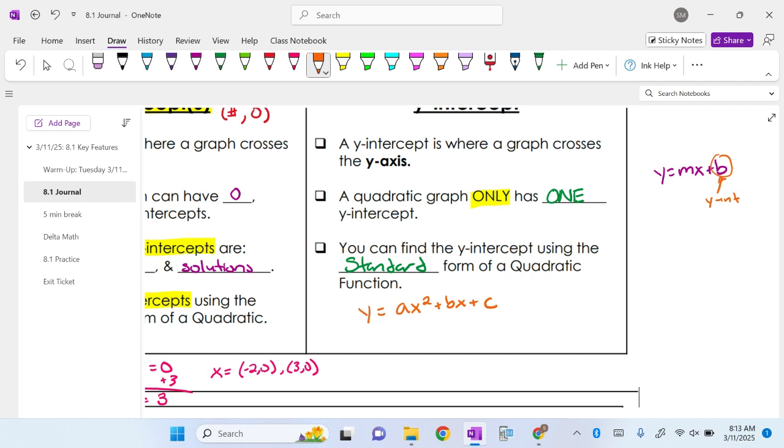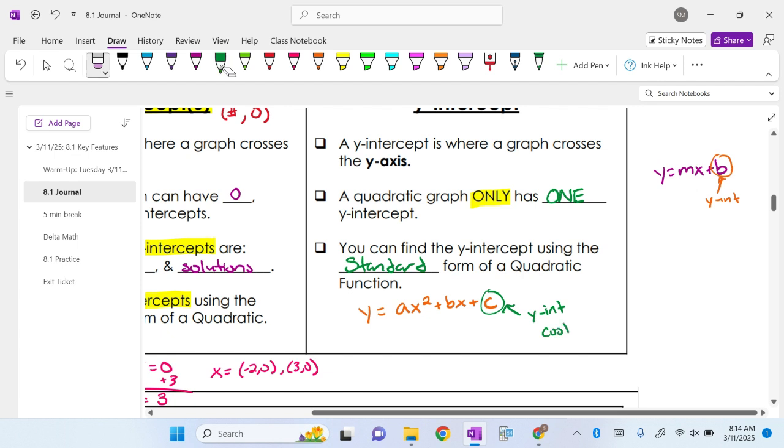Nope. C. So, your c value gives you your y-intercept. And that's because it's the constant. That'll go for just about any function.